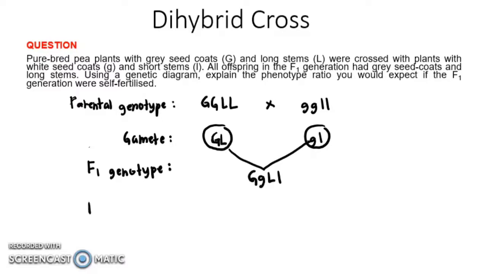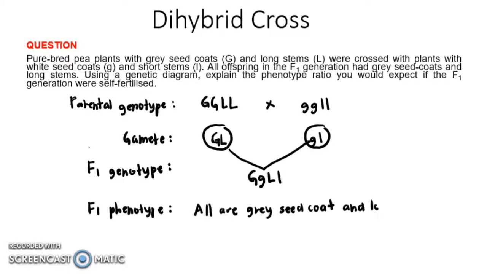So for the F1 phenotype, you can write like this: all are grey seed coat and long stem.